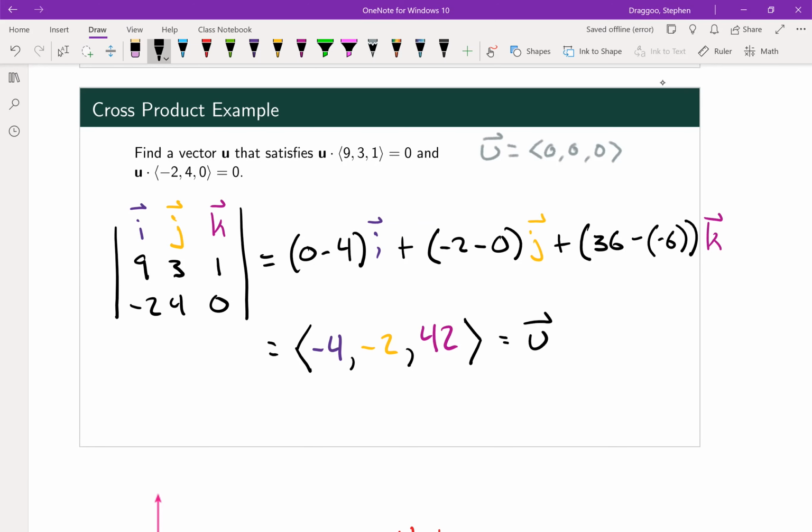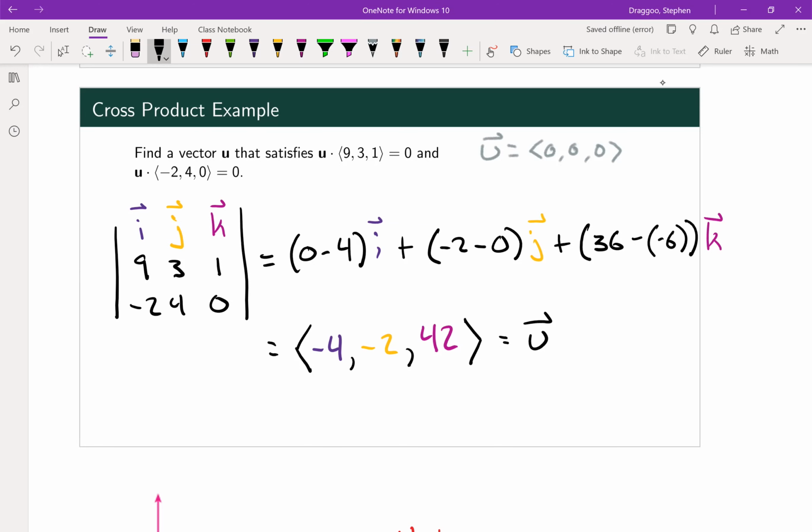So that's a vector u, in addition to just the 0 vector. As it turns out, there are an infinite number of vectors that would satisfy the conditions provided, since all I need is for u to be orthogonal to the two vectors provided.